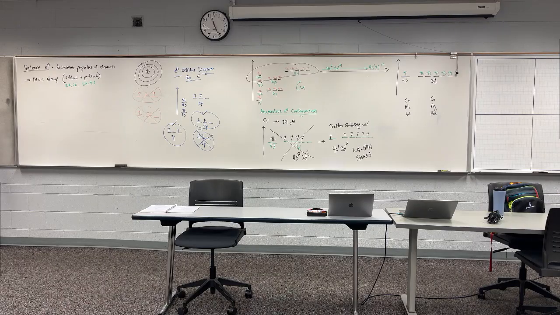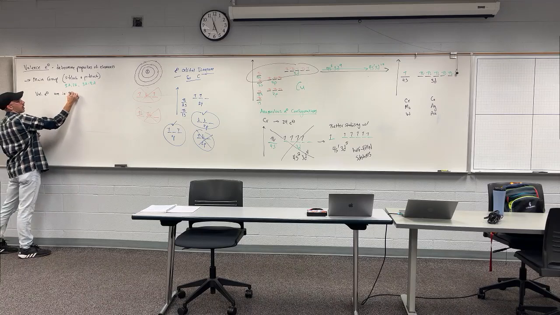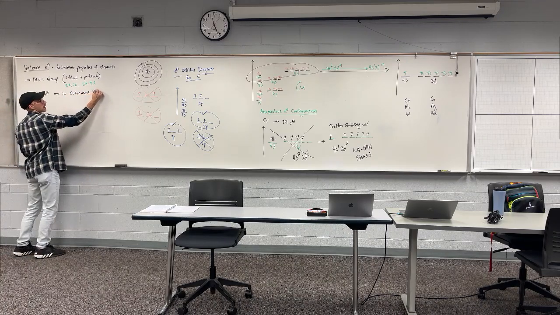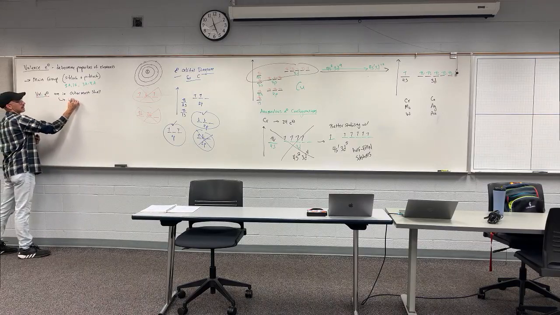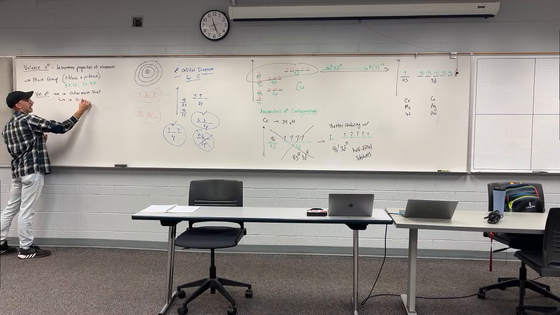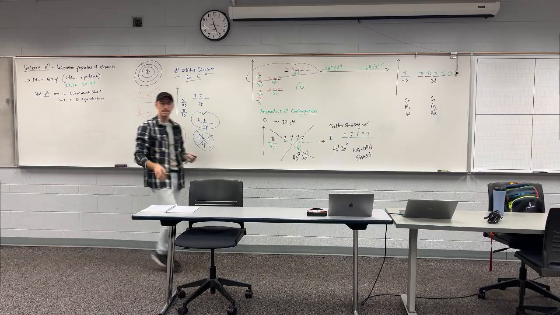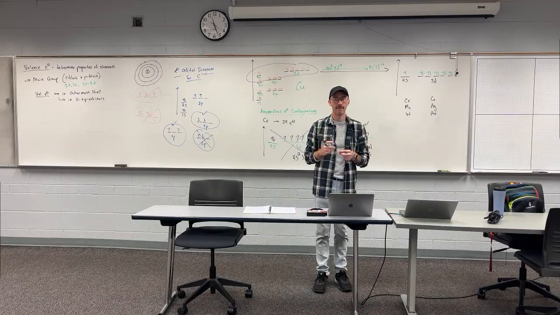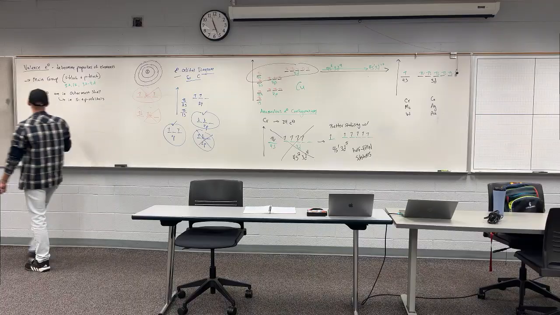For main group elements, the valence electrons are in the outermost shell, which means that it will always be in S and P orbitals. So let's start easy, and let's look at carbon.